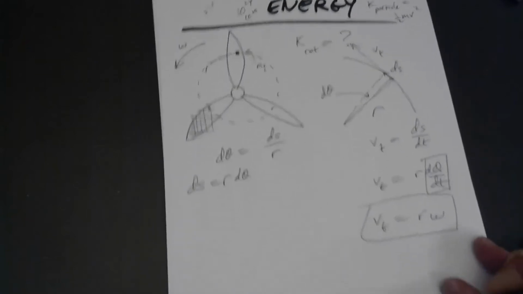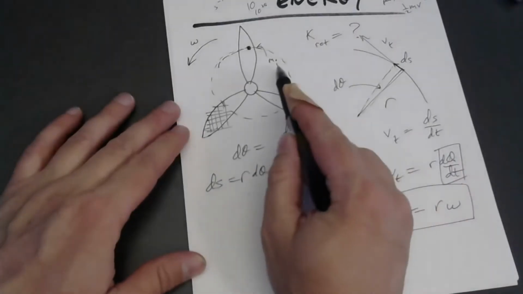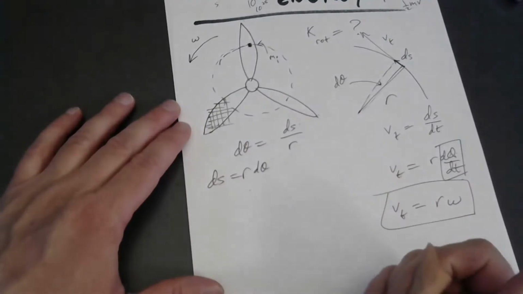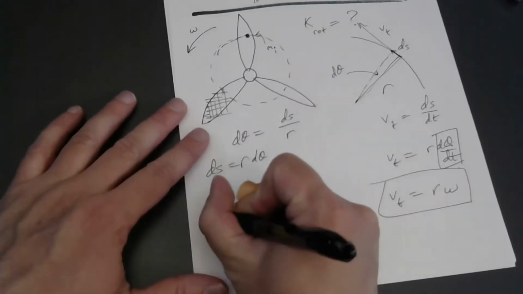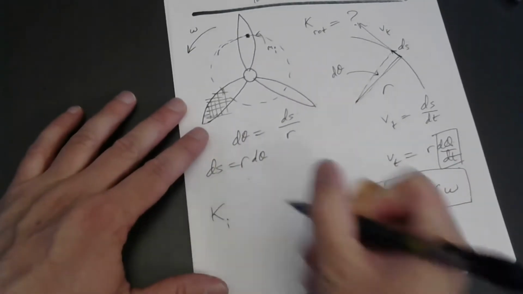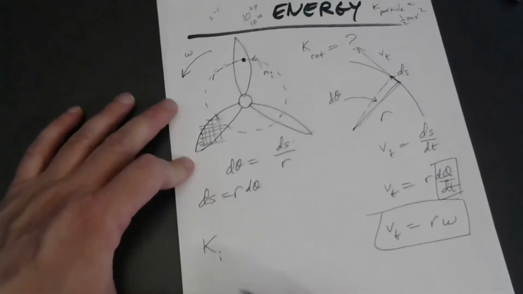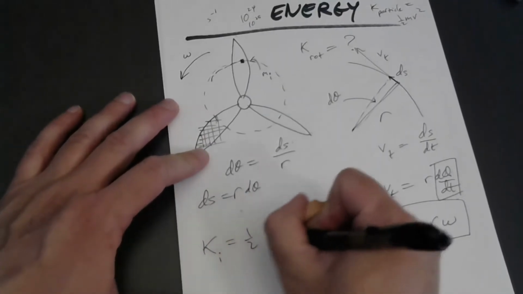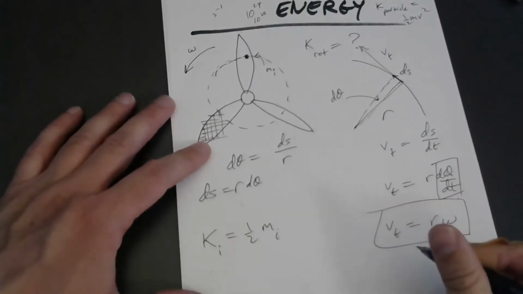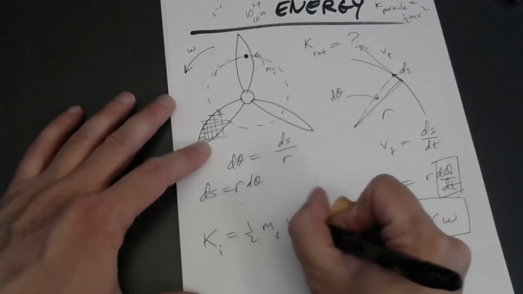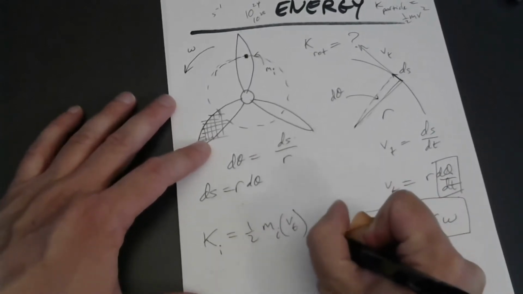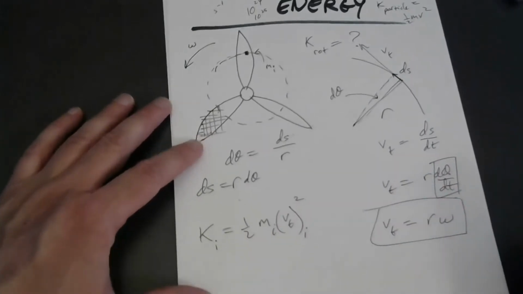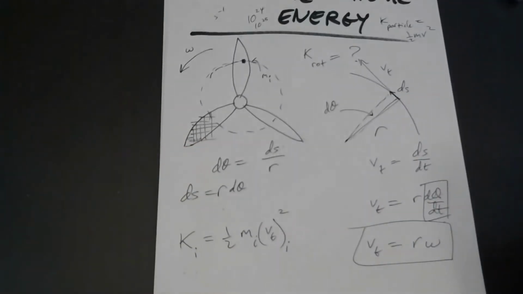Okay, so since we're looking at the ith particle in this propeller, I'm going to describe its kinetic energy. The kinetic energy of the ith particle would be 1/2 times the mass of the ith particle times the tangential speed of the ith particle squared. And it's a little unnecessary to specify tangential speed, because that's the only speed.